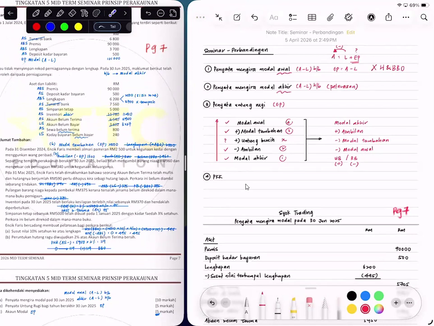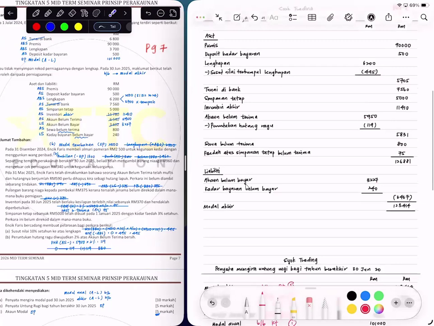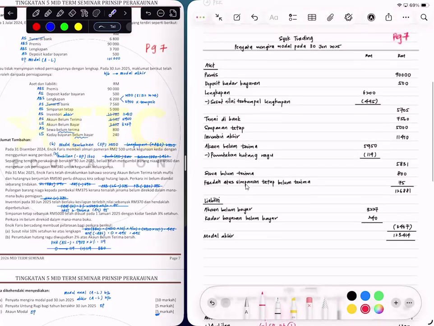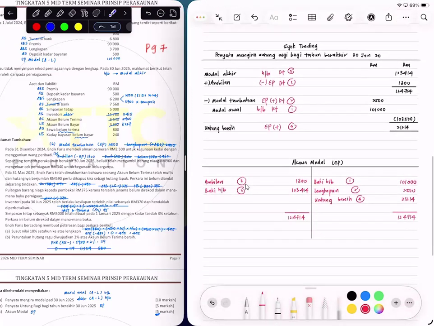Okay. Okay, then the first part of the notes. Then second part. Okay, the last part, especially the account modal.